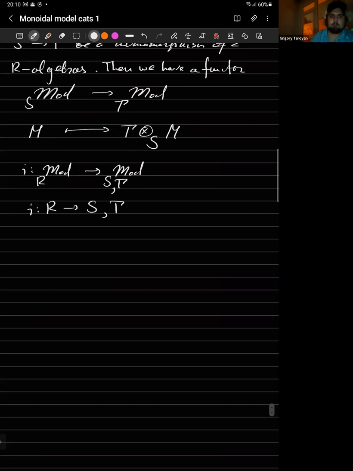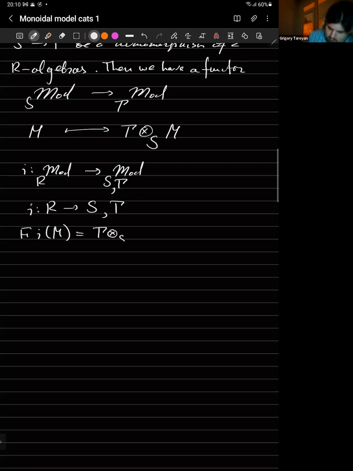And we can see that this functor here is also monoidal, and it is a functor of C algebras because we have the following isomorphism.